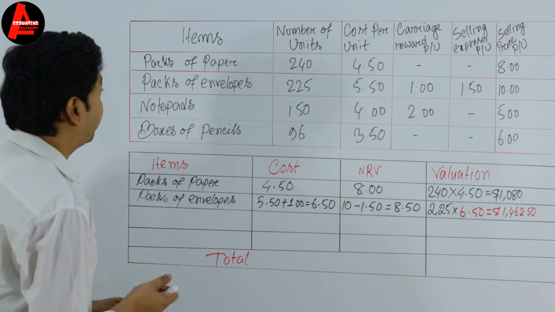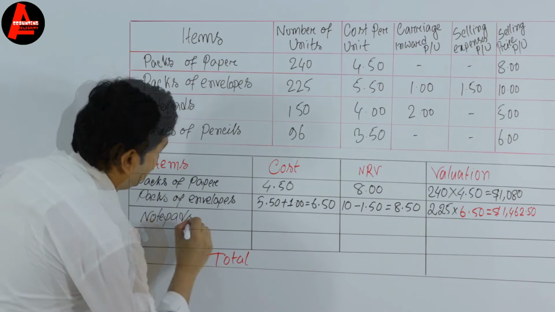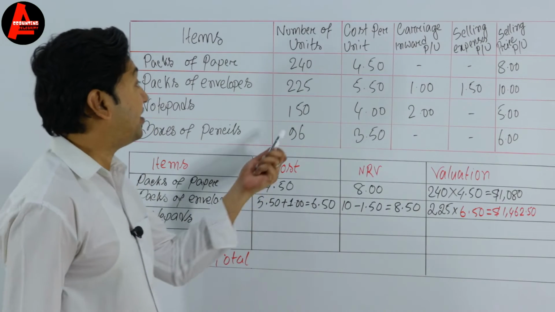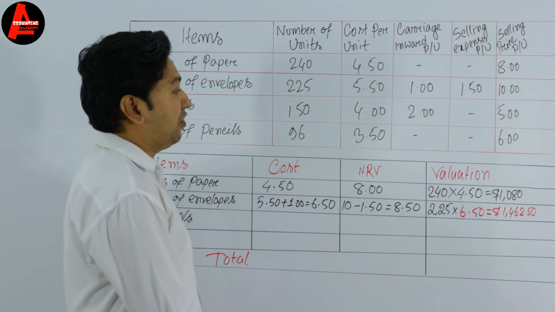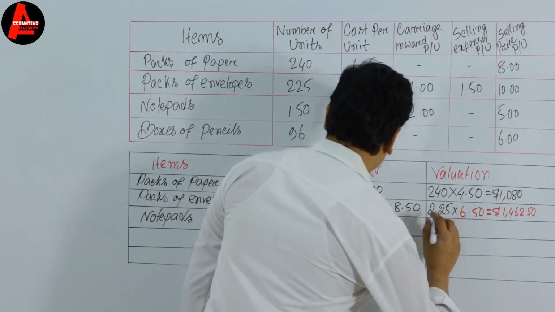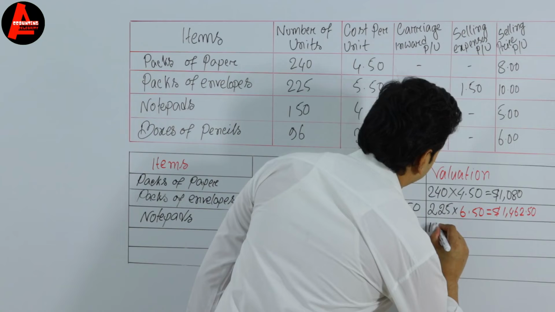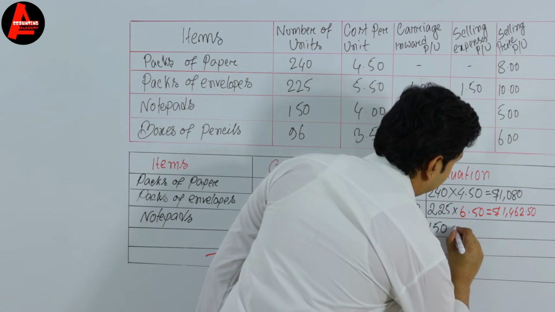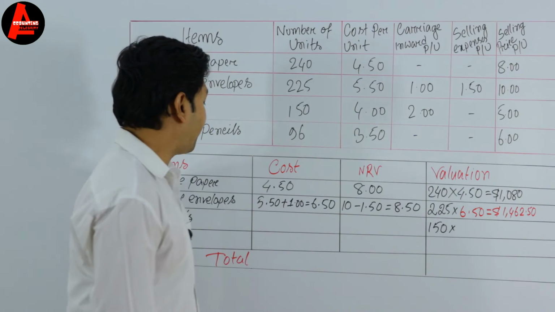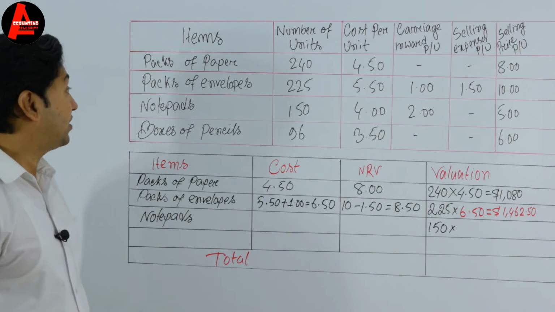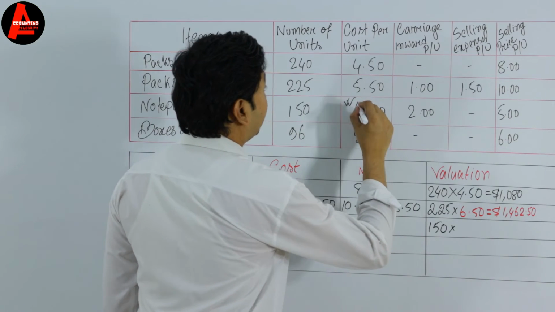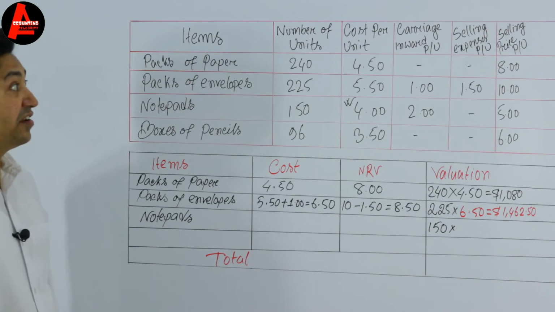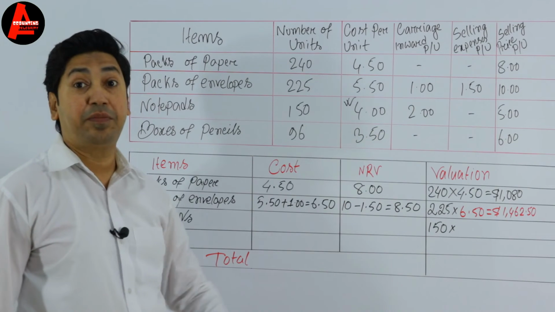Now next one, we have notepads. Notepads we will write first of all. How many units? It is 150 units. We will write this amount first of all. Now we will check the cost price. Cost price per unit is $4 and there is carriage of $2 per unit.